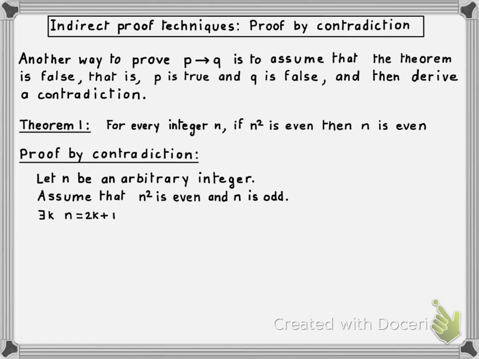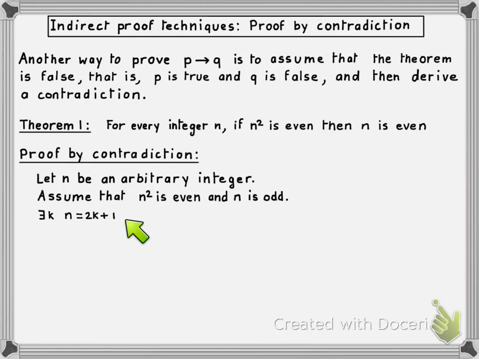Well, what do we do now? Well, now that we have an expression for n, we should be able to find an expression for n squared. And the hope here is that the expression for n squared is going to be in contradiction with this other assumption that we made. So let's go ahead and square both sides of this equality and see what happens.